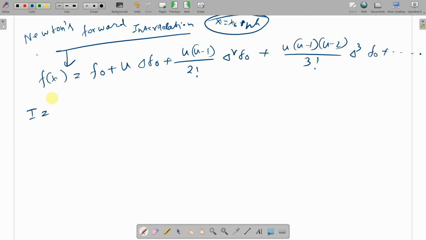Our I is the integral from x0 to x0 plus nh. x0 मतलब क्या हो गया a, x0 plus nh मतलब हो गया b.